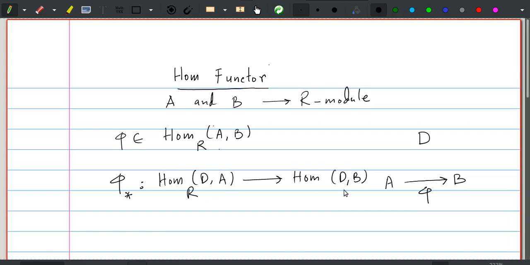So these are R module homomorphisms. Now this phi induces a module homomorphism from this module to this module. So suppose we have a map F.